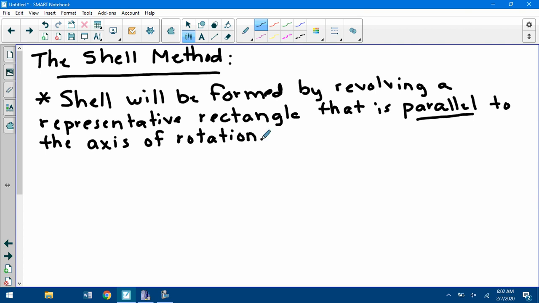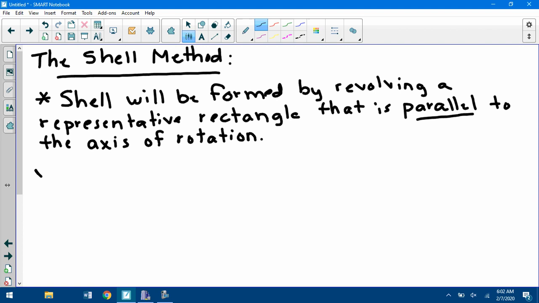Now that's a big deal because I've been saying all along that your rectangle had to be perpendicular to your axis of rotation. That forced us into dx sometimes or dy other times. And as you saw in that one homework assignment, it's really annoying sometimes to make it in terms of the other variable. We had to complete the square yesterday to get that dy rotation that we needed.